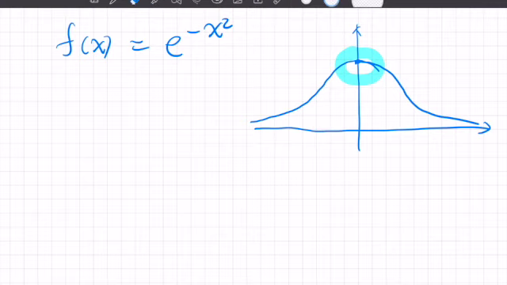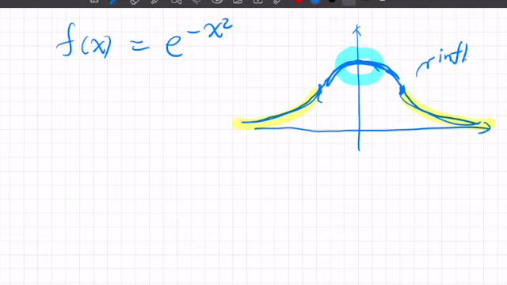But after some point, it becomes convex. So there is some point somewhere here where concavity changes to convexity. In this region it's concave, and in this region it's convex. And this point where this changes is called the inflection point.